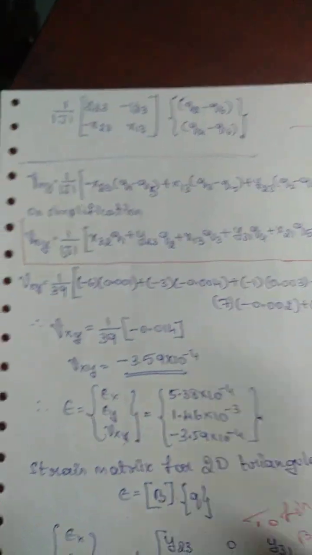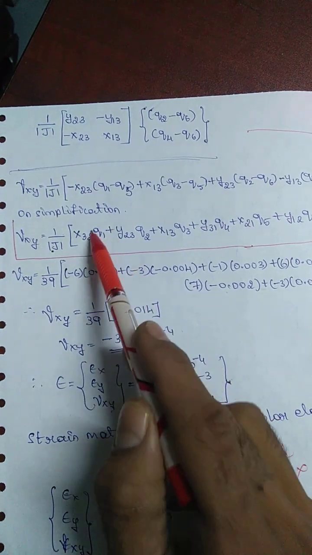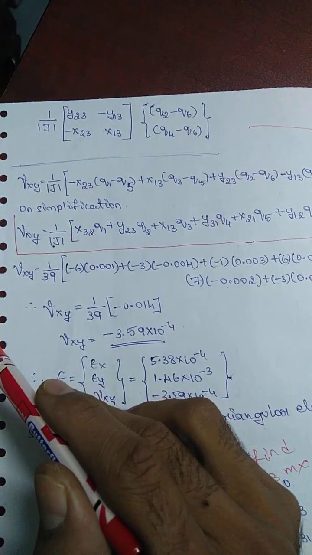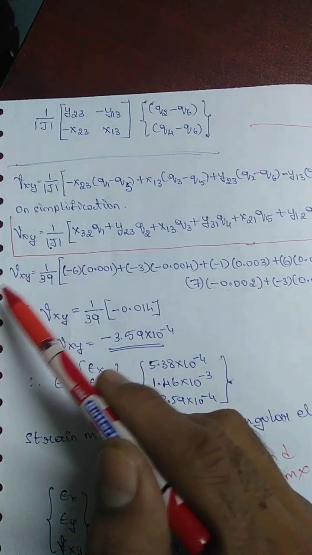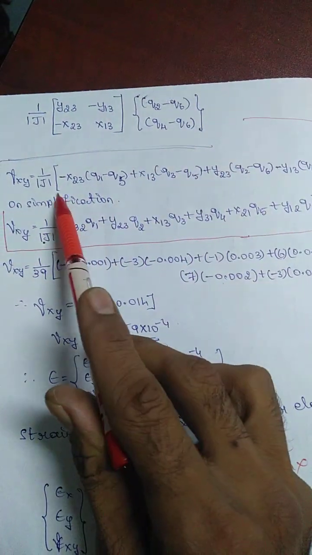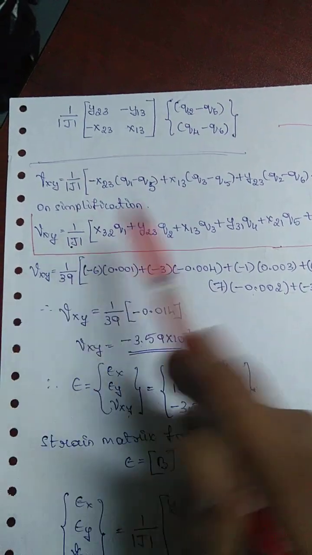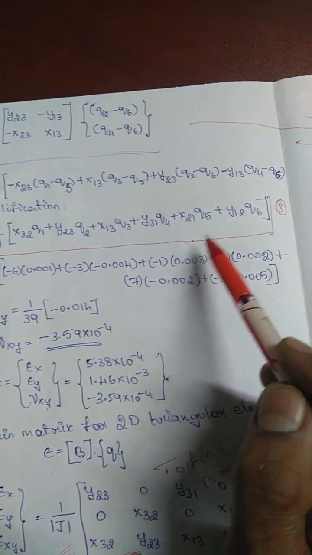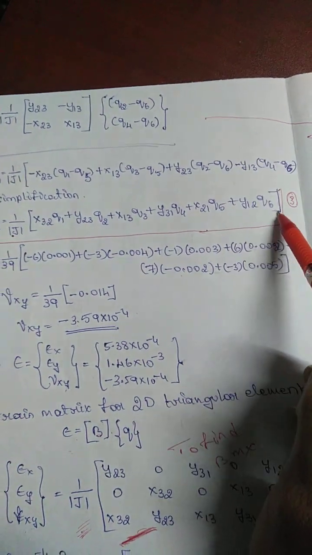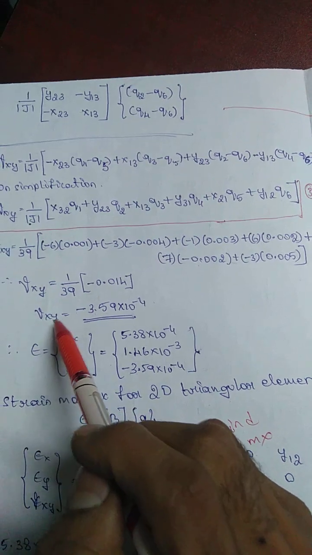Then bring them out of the bracket, and by this time you will know minus x2 is x32, because you have done the necessary arrangement to avoid negative signs everywhere. You have done some required conversion in your previous step, so you directly use them. You can substitute them here. At the end you substitute all the values and you will get the gamma xy answer.